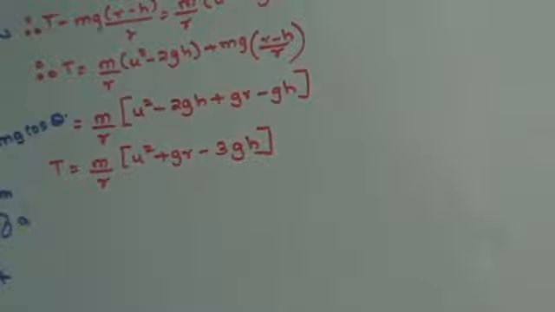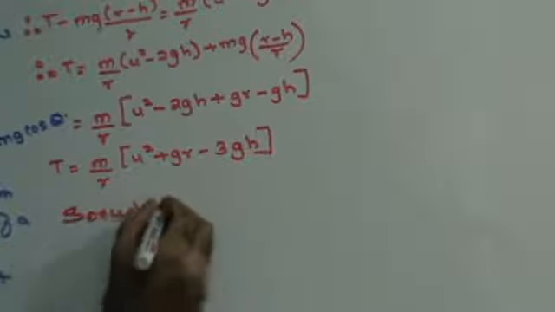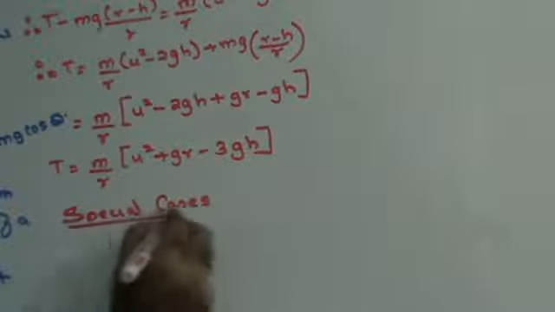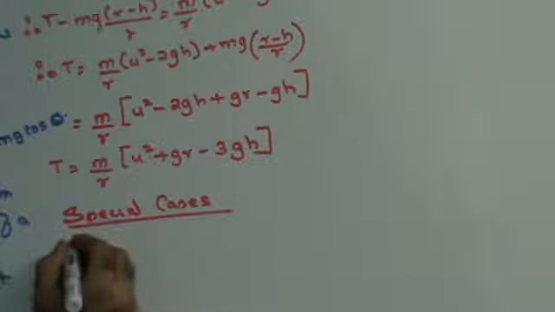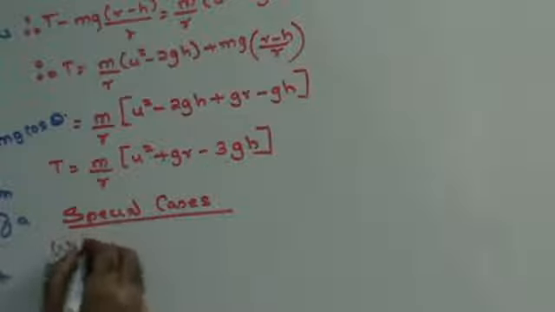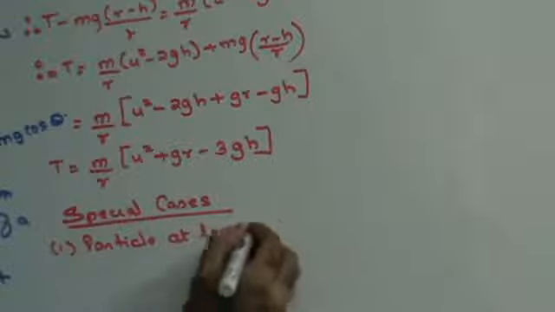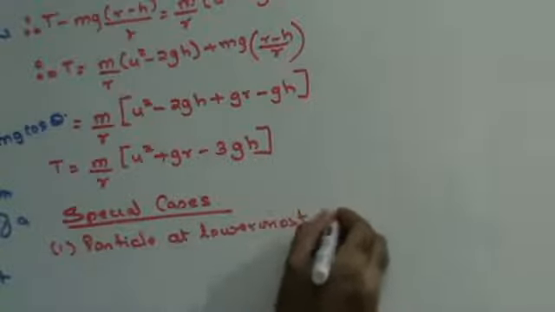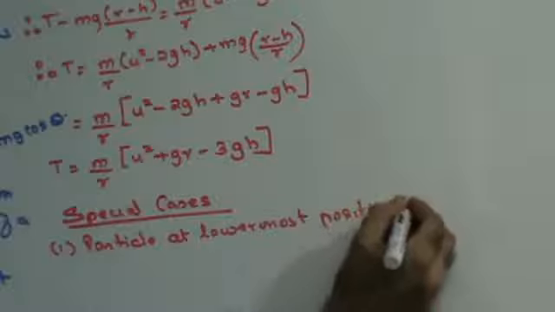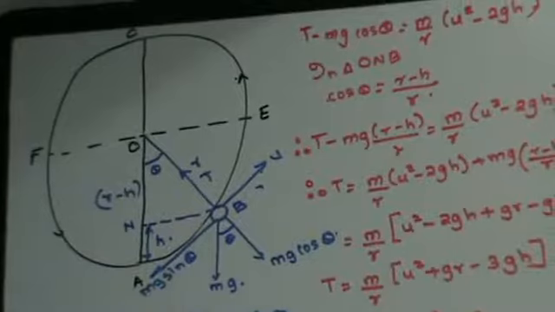Now, let us try to consider special cases for this. When the particle is at lowermost position A, then h will be 0, because this distance, guys, as per the figure, if it is at this point, then h is going to be 0.